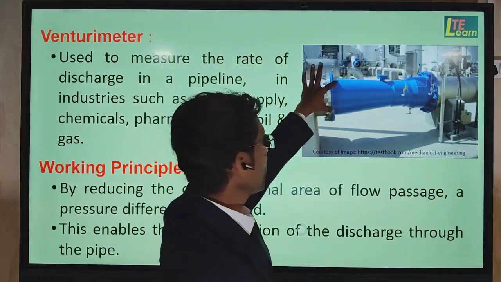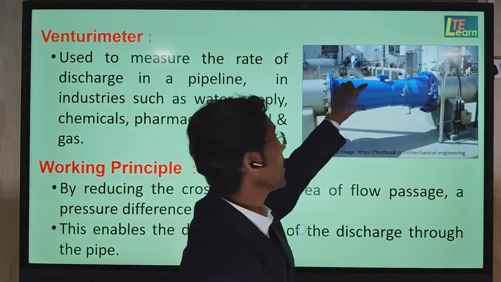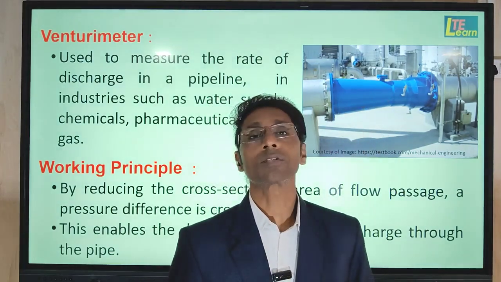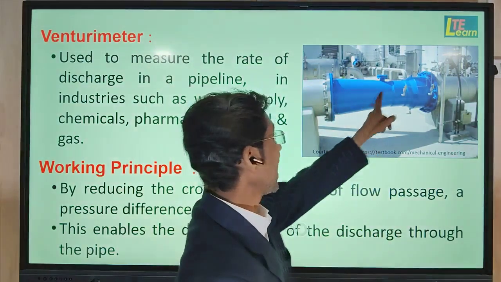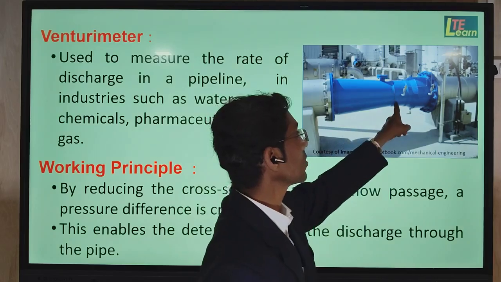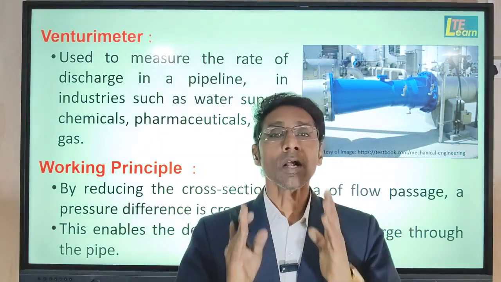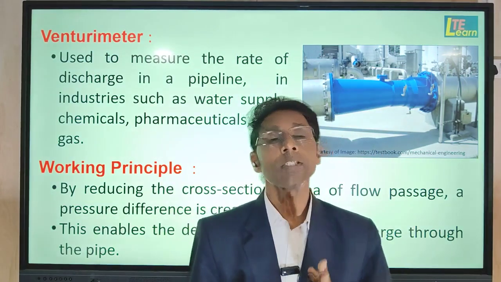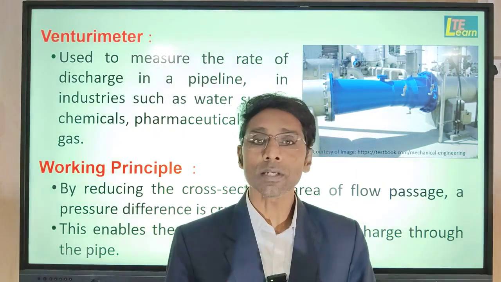So if the diameter is reduced, then area is reduced, and when the area changes, velocity changes. At this section, when the area is reduced, as per the continuity equation, velocity is increased. When the velocity is increased, the kinetic energy of the fluid is increased.